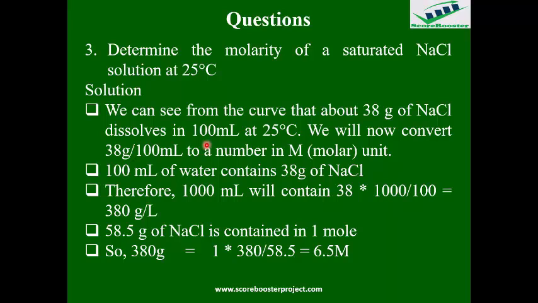So what we need to convert now is, what is 38 grams in 100 ml in molarity? Just convert the 38 grams in 100 ml to molar units, that is, how many moles will be in 1000 ml. So 100 ml of water contains 38 grams of sodium chloride.